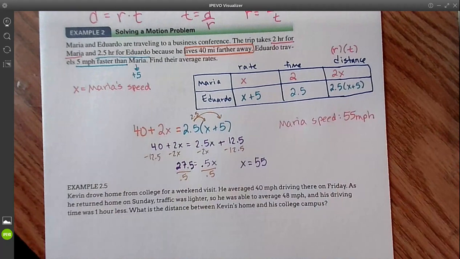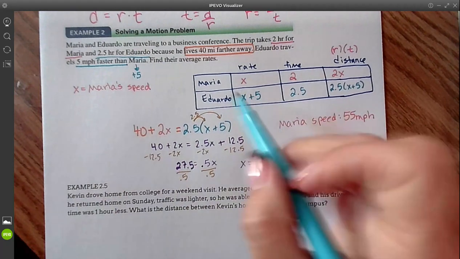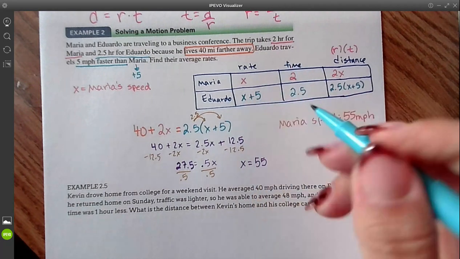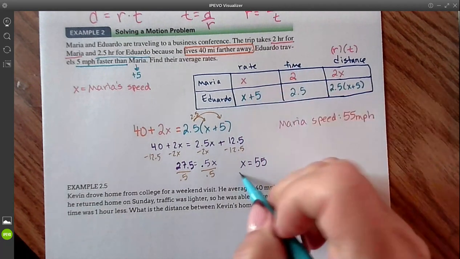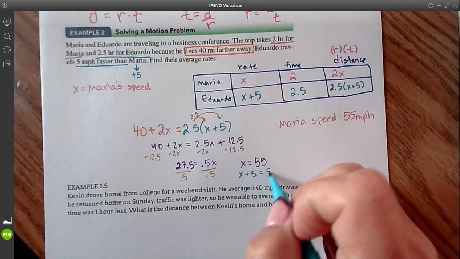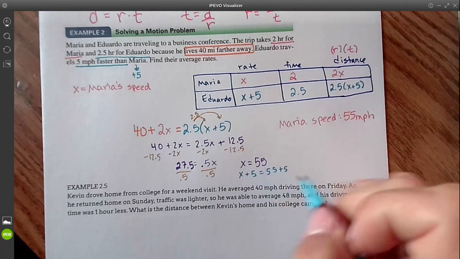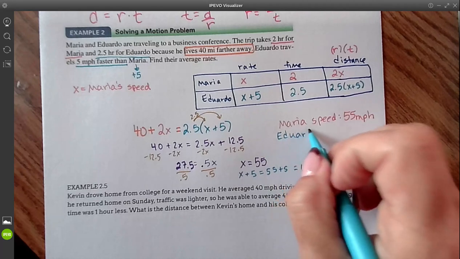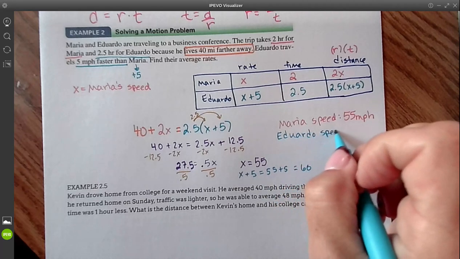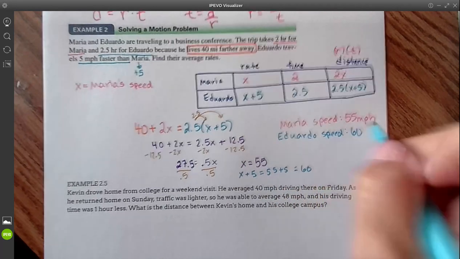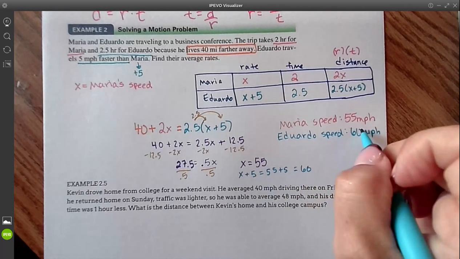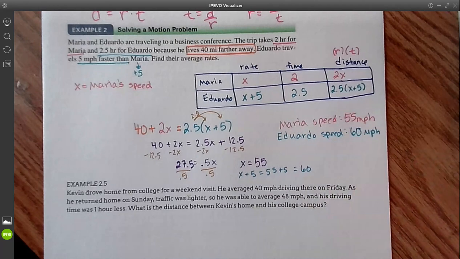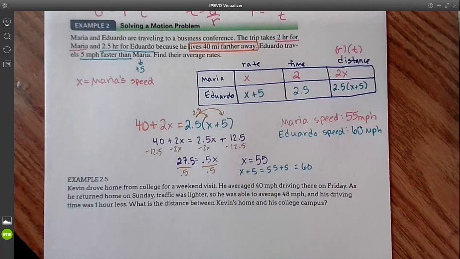And then Eduardo's speed, if I look in my table here, says x plus 5. So Eduardo's speed would be 55 plus 5, or 60. So then Eduardo's speed is 60 miles per hour. So make sure that you know what your variables represent and you know what question you're being asked to answer.